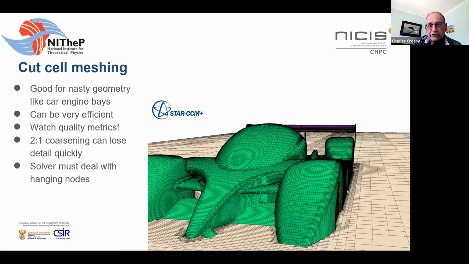So cut cell meshing evolved principally to deal with horrible geometry, such as what you get in the engine bay of a car. So the OpenFOAM family of software, for example, includes a mesh generator called Snappy Hex Mesh. Now, the development of Snappy Hex Mesh was funded by Audi, who wanted something for underbonnet flows.